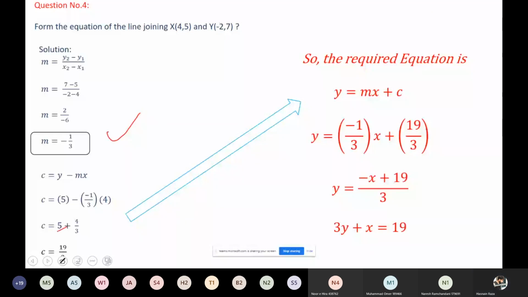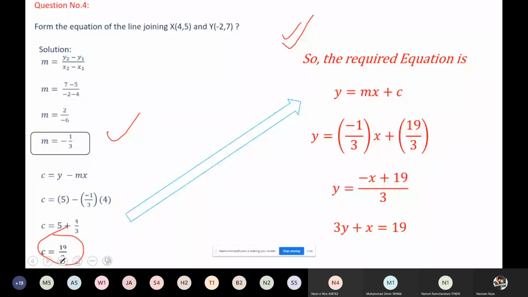Now keep your eyes on the red ink. So the required equation is y equals mx plus c. What do we have to do? We now move to step number 3, and step number 3 requires us to put the values of m and c that were found in the first 2 steps.